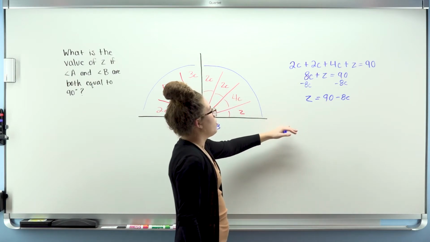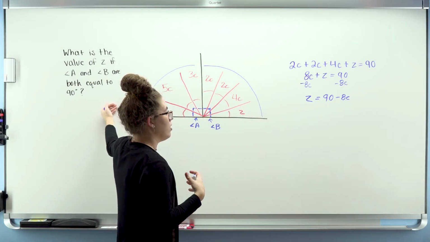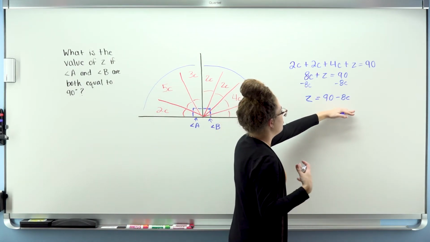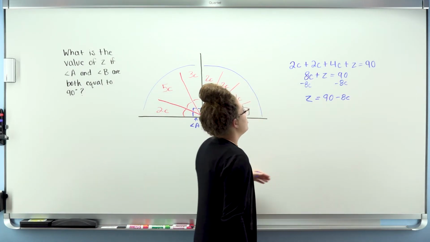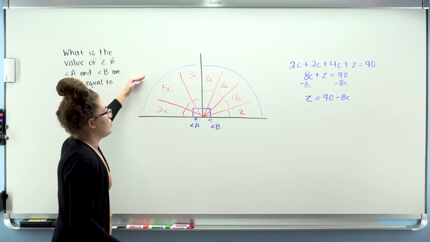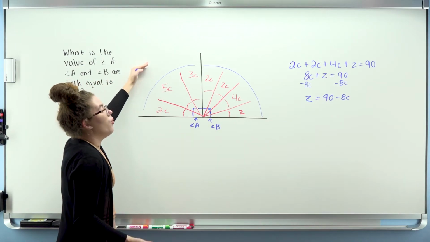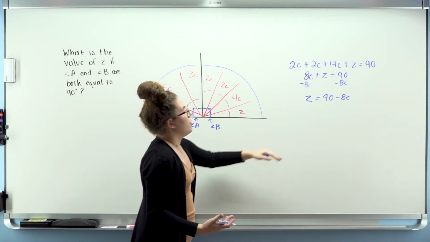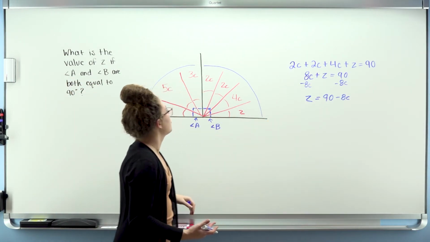But again, we just want it in the form of a number, right? We don't want to give it with another variable. So in this case, because they do give us this left side over here, we can solve for what the value of c is. Therefore, we can get the value of z.